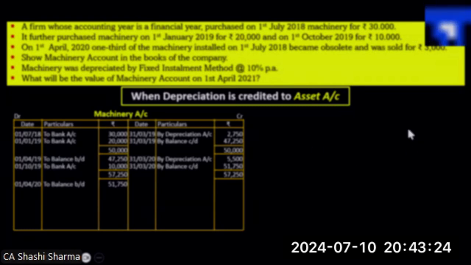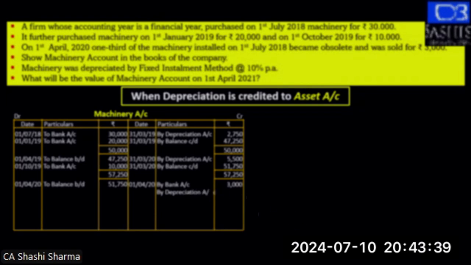So the entry on the sale of one third of the original machine: the first entry will be by bank rupees 3,000. The sale price has been mentioned in the question. Then there will be an entry for depreciation, and this depreciation will be credited in the third year if the machine has been used for some period in the third year.